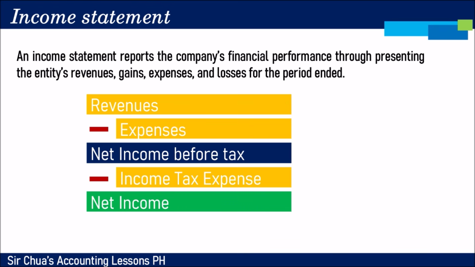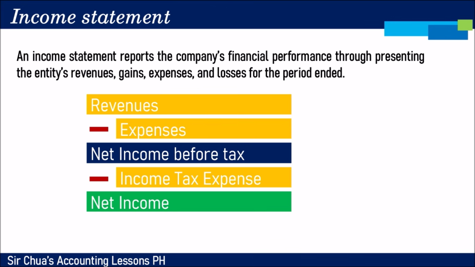We were used to revenue minus expenses directly equals net income because we assume that our income tax expense is already included in the expenses. But actually, there should be a proper and separate reporting of your income tax payments or income tax expenses to arrive at your net income.